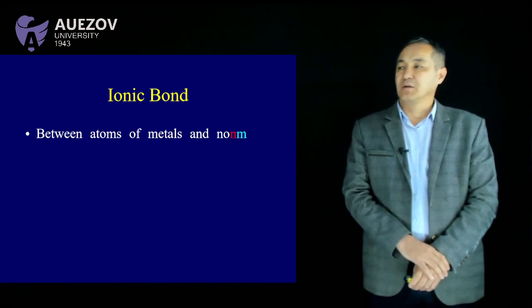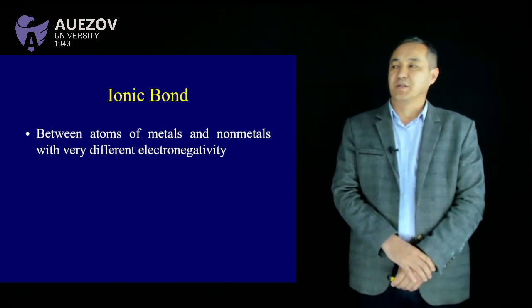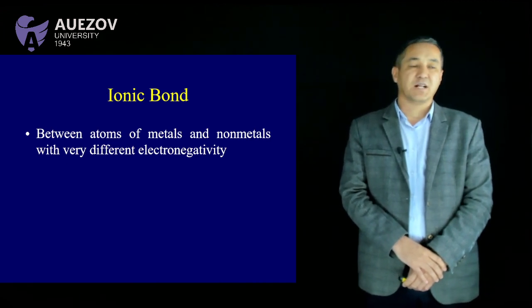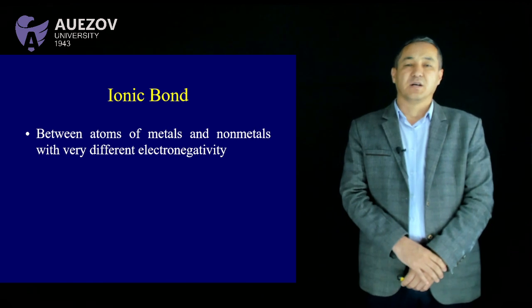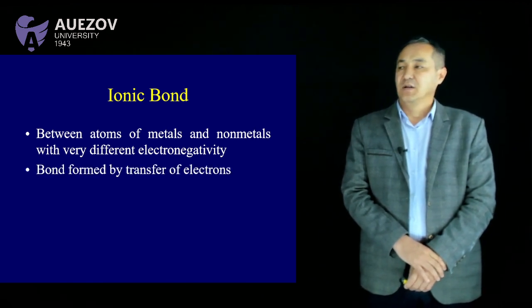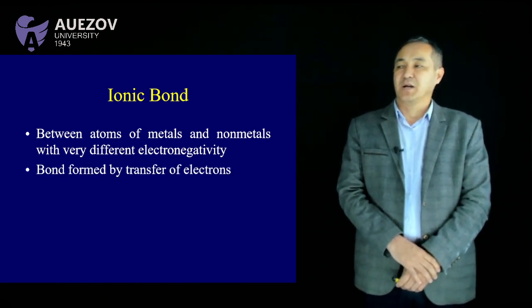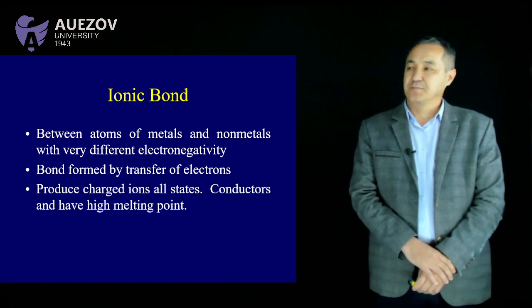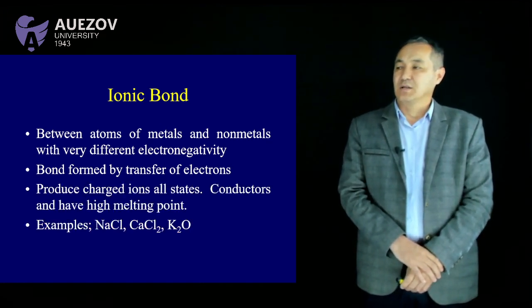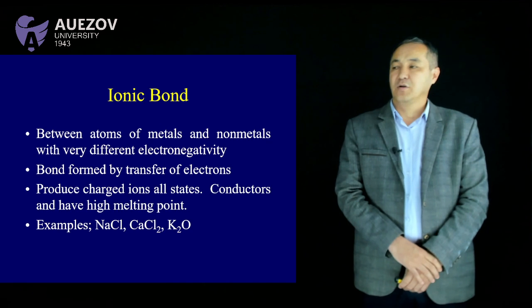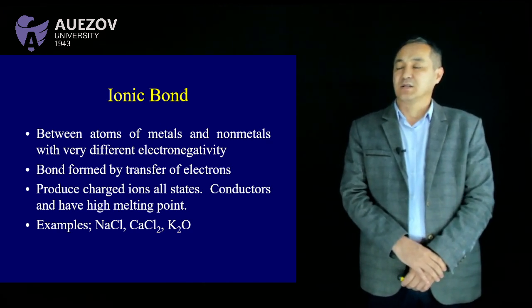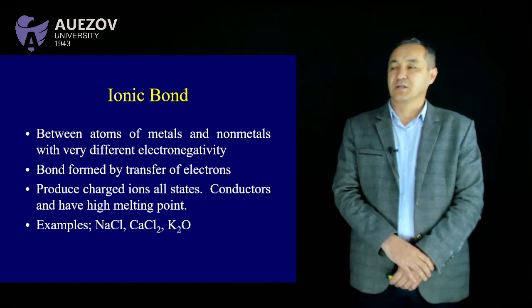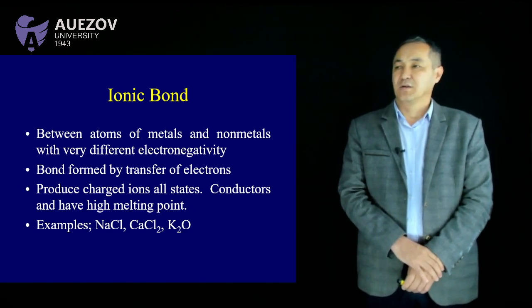An ionic bond is formed between atoms of metals and non-metals with very different electronegativity. Second, the bond is formed by transfer of electrons. For example, you can take sodium chloride, calcium chloride, and potassium oxide.